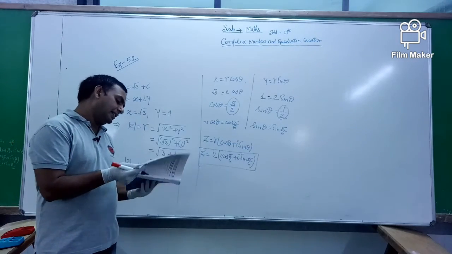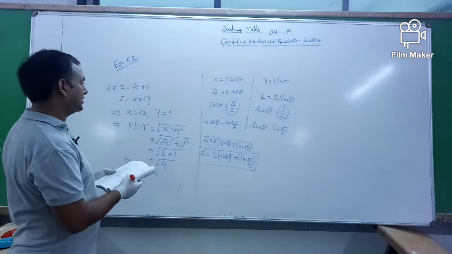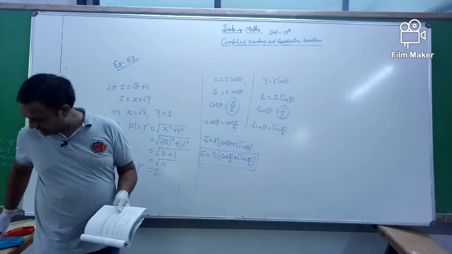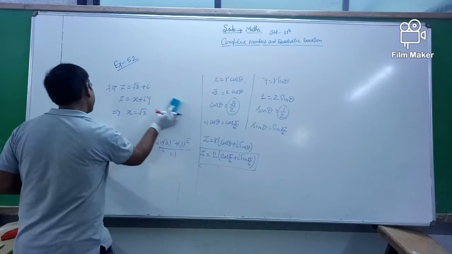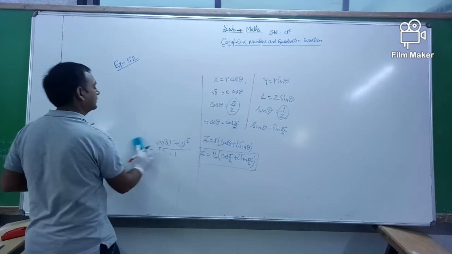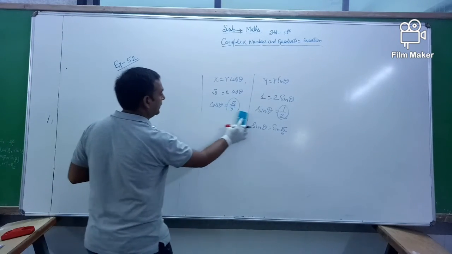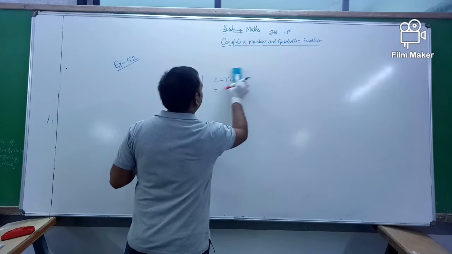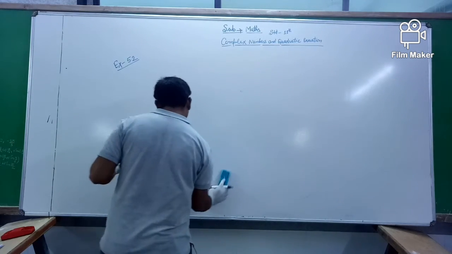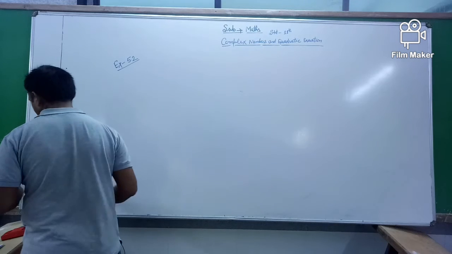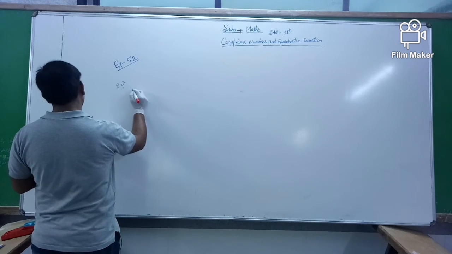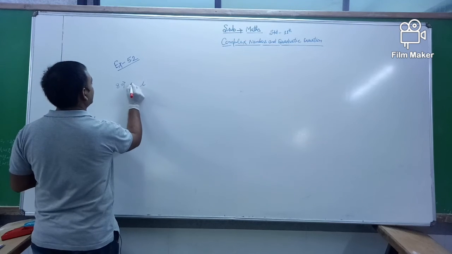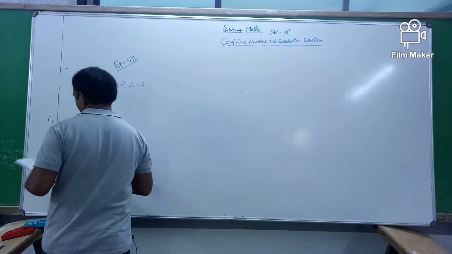The next question is question number 8. In question number 8, z is equal to i.